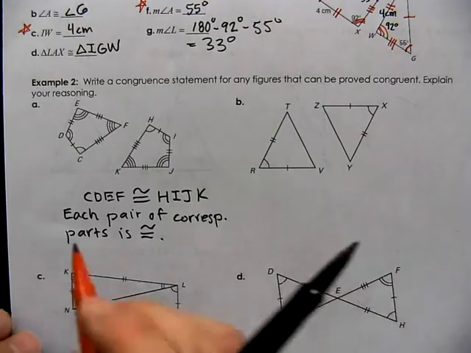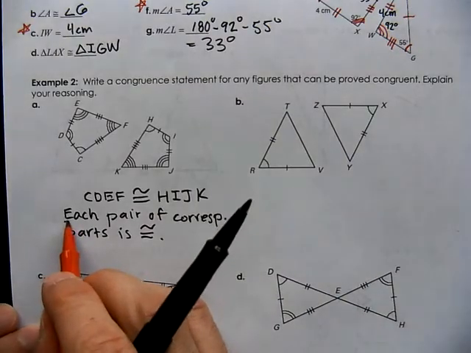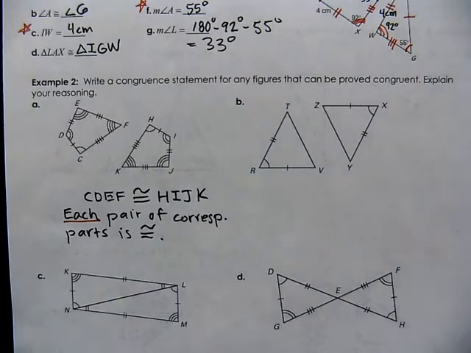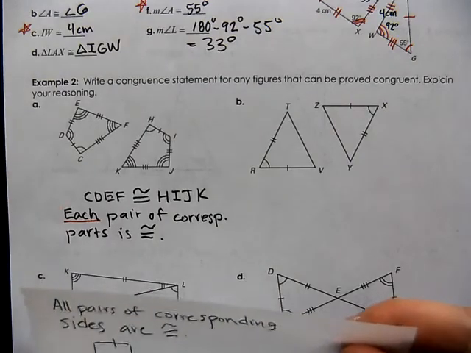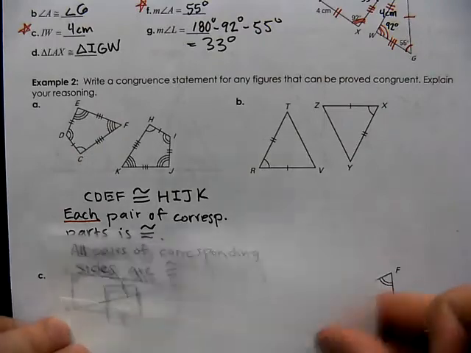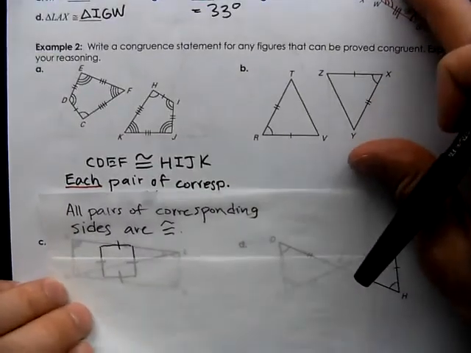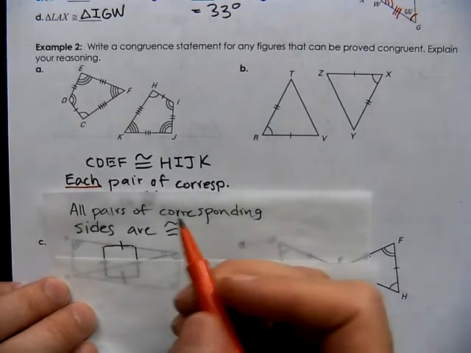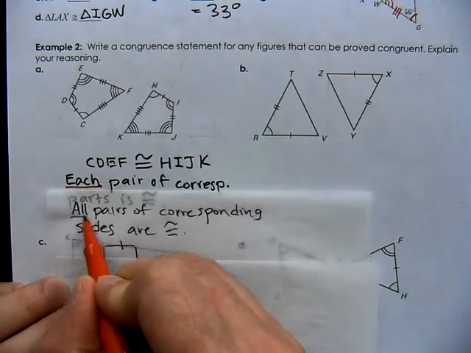Now I want to focus on this word here when we say each pair, and let me show you a common mistake that some of my students make when they're taking the quiz. When having to explain this, oftentimes I get a statement like this instead, and I wrote it out ahead of time so you can compare these two, where instead of saying each pair of corresponding parts, they say all pairs.